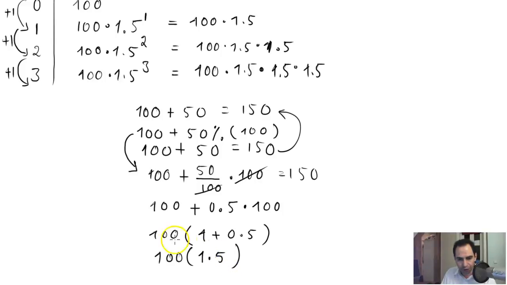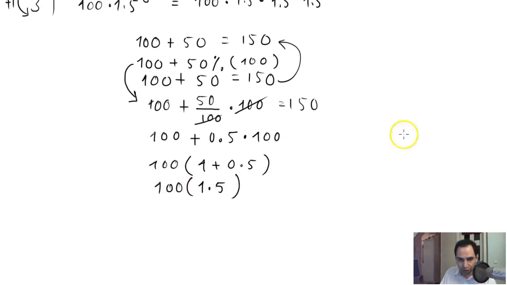So that basically means that whenever you're adding 50%, you multiply your 100 by 1.5. If you're adding 60% to the 100, you multiply your 100 by 1.6.